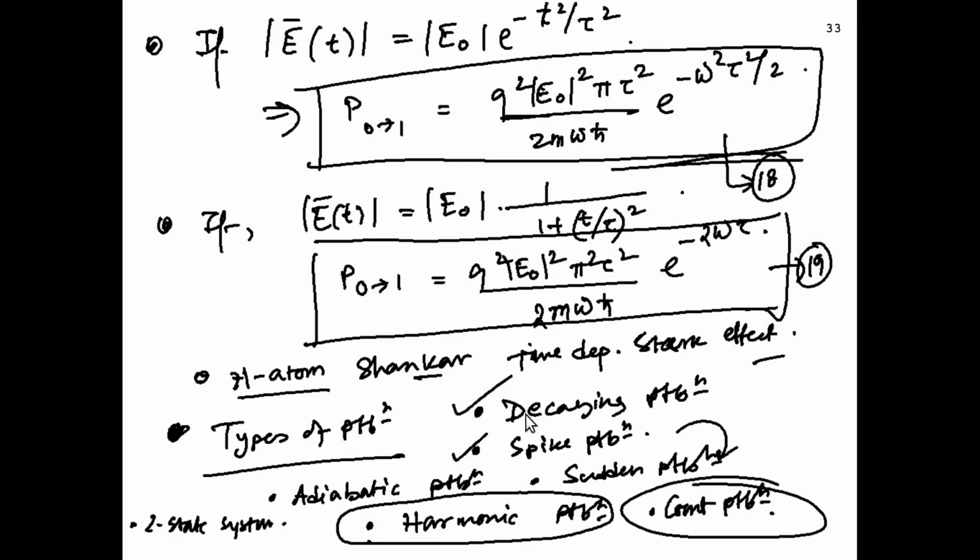For example, we can have a decaying perturbation, a perturbation which is transient in time, which is what we just did. It could be a Gaussian form, or an exponentially decaying form, or some other form like a spike. For example, if I take the Lorentzian and make the width of the Lorentzian, which comes from this tau, very small, then you will get a spike perturbation.